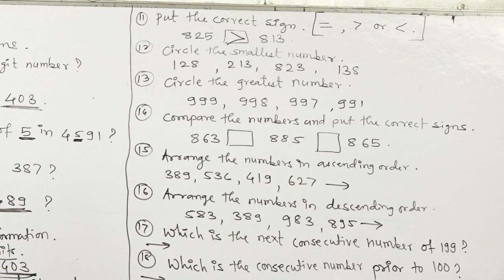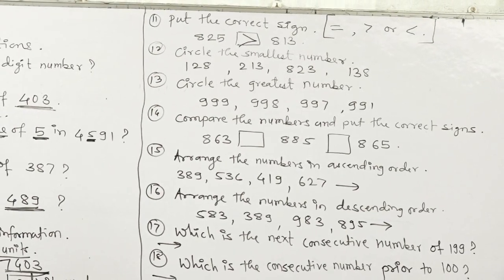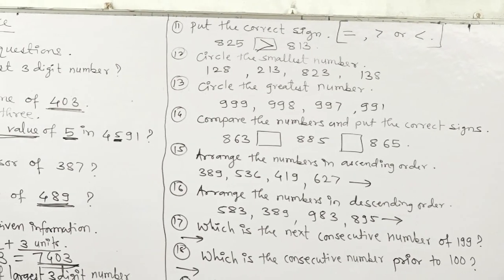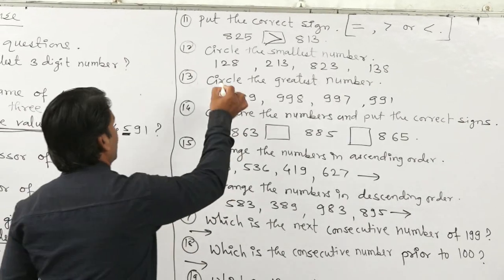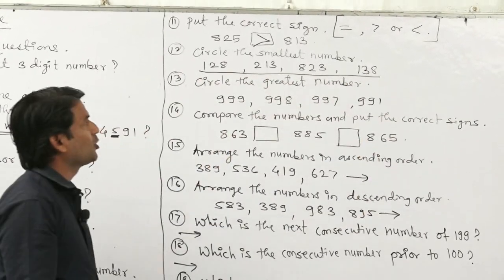After that, question number 12. What is the 12th question? Circle the smallest number among these. There are some numbers and we have to find out which one is the smallest.